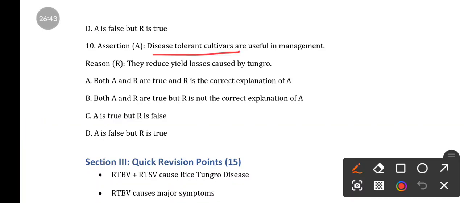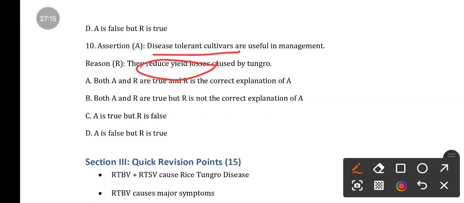Even if the infection is there, the tolerant cultivar manages itself. They use physiological changes and mechanisms to reduce the yield loss. They compromise the losses caused by the disease.